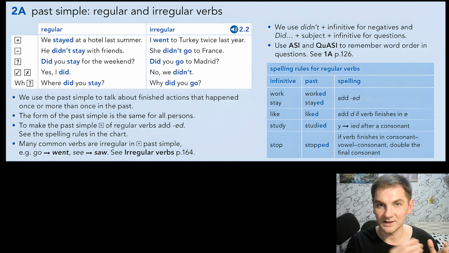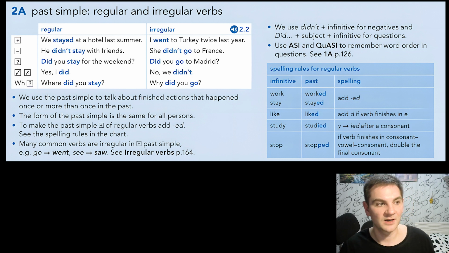I ate, I slept, I went, so actions finished. The form of the past simple is the same for all persons. We don't need to change it like, I like, she likes. No, in past simple, it's all the same. She liked, she went, I drank, I played, and so on.